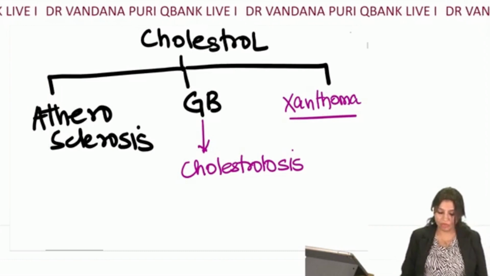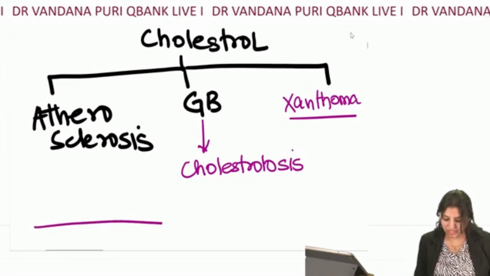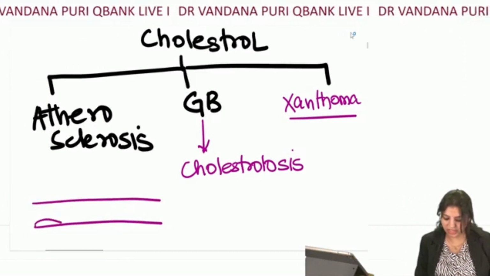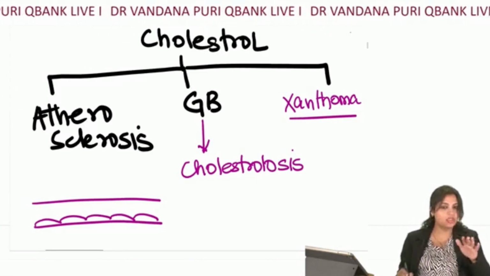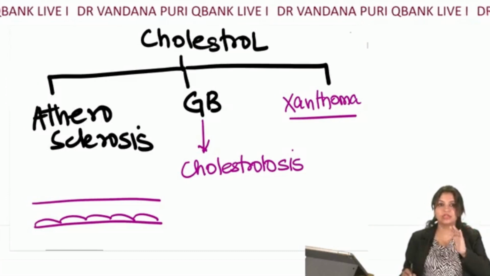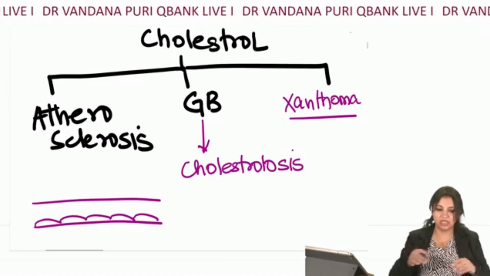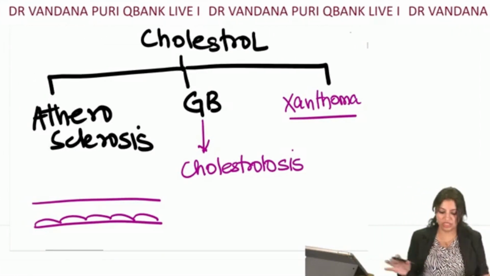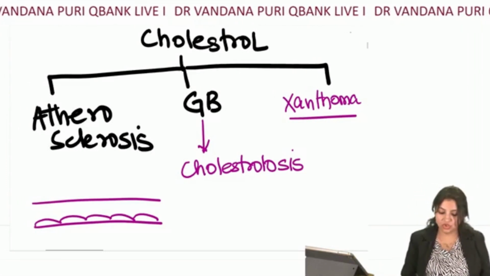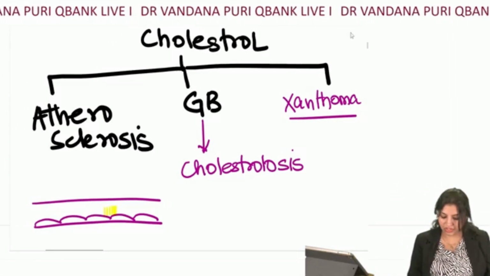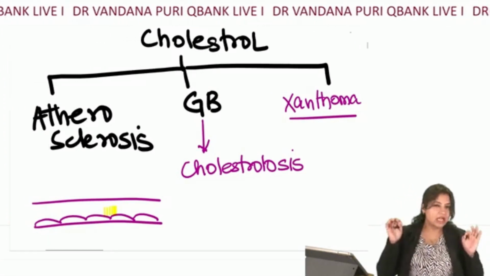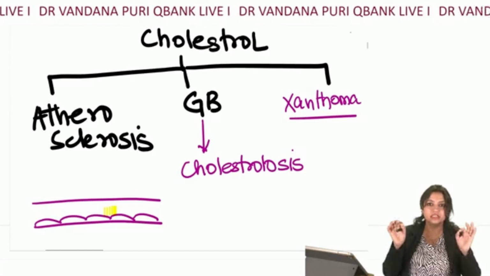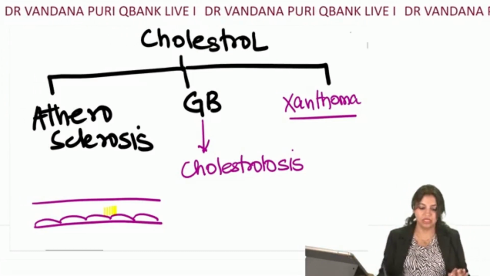Now, when we talk about the blood vessels, normally the blood vessel is lined by endothelium, isn't it? The endothelium doesn't like anybody to stick to it, so nothing should stick to the endothelium. So if cholesterol is coming and sitting over the endothelium, that means there is some dysfunction in the endothelium.